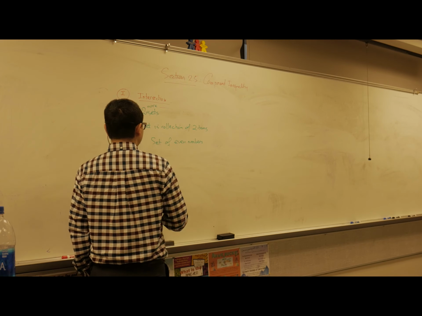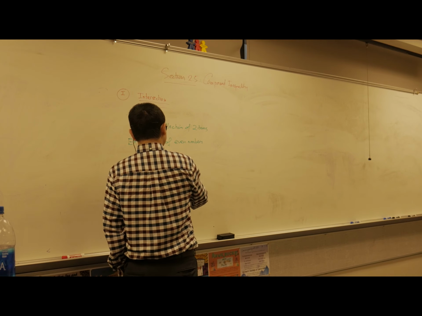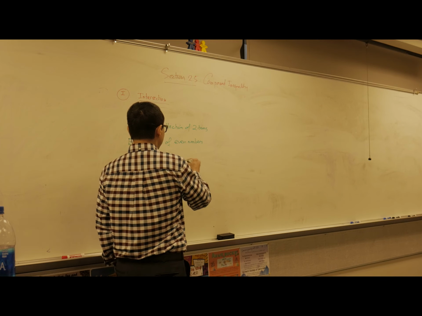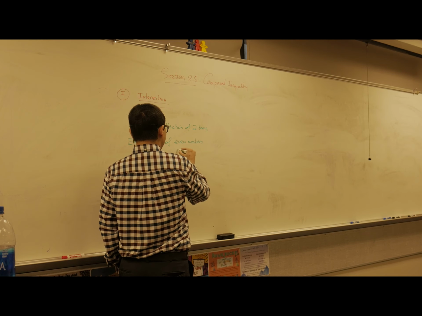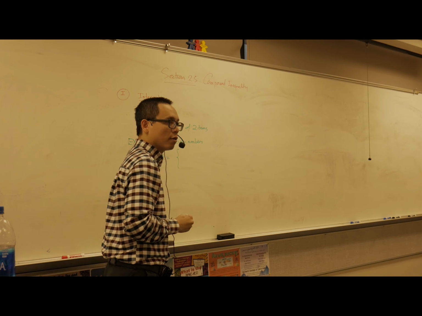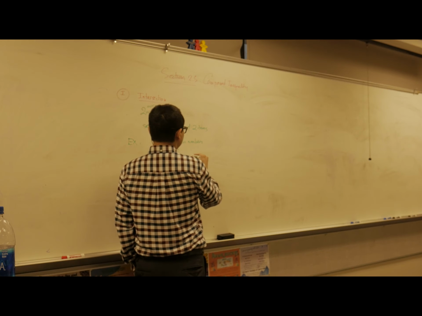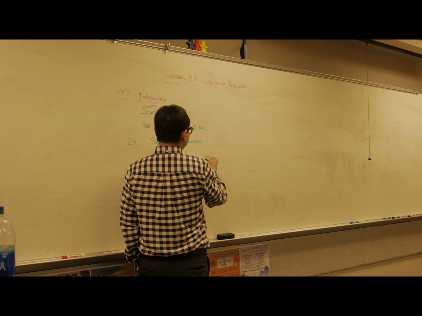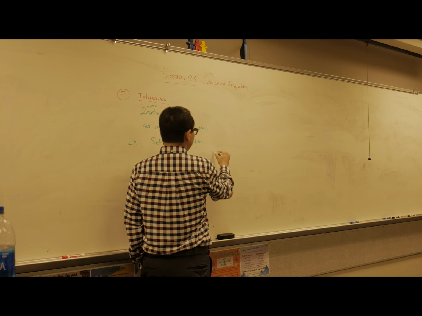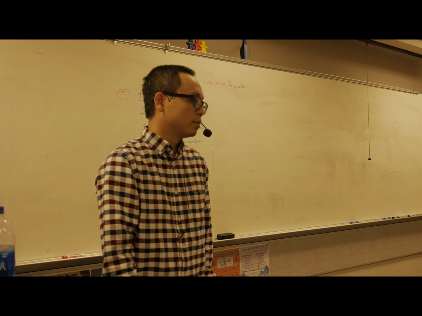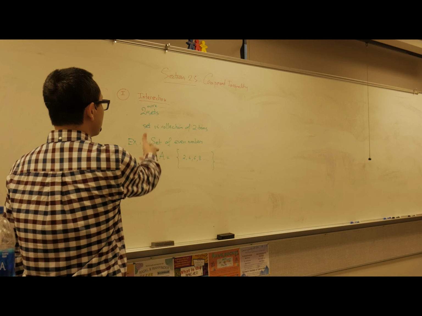Okay? So I will call this set A, which is equal to, and we're going to use curly brackets for a set. So even numbers will be 2, 4, 6, 8, dot, dot, dot. Okay. So this is a set.